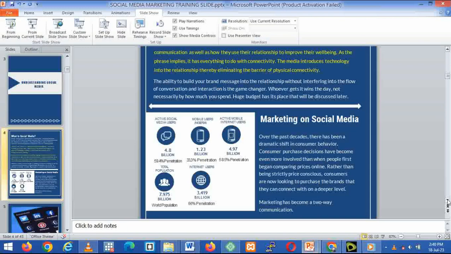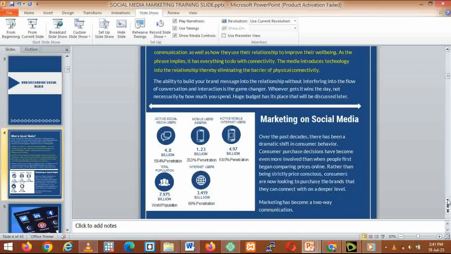If you can look at other parts of the data here, you see active internet users all around the world is about 4.9 billion, which is 58.5% penetration. Now you look at internet users all around the world is 3.4 billion, and 66% penetration. 66% of the world population has gone online.